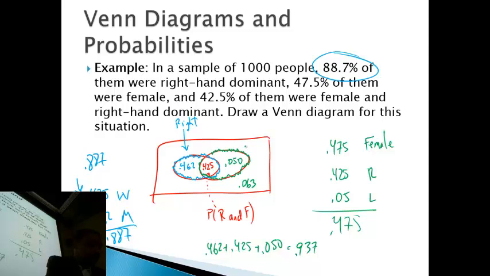So this group here will be the left-handed women. This group is the right-handed women. This will be the right-handed men. And these guys are left-handed men. Okay, so sleep on this for a second while magic hopefully appears.